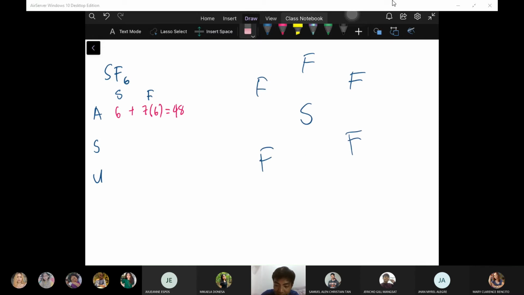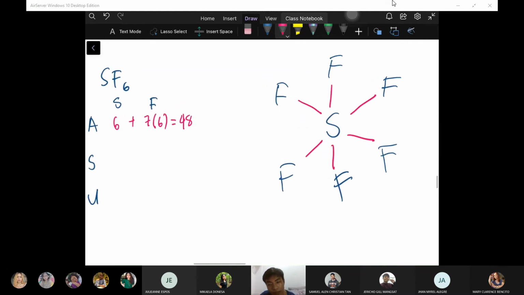Okay? So, lagay mo yung anim na terminal atoms. And then, you connect your terminal atoms with a single bond to the central atom. Okay? So, ganun. I-connect mo sila.